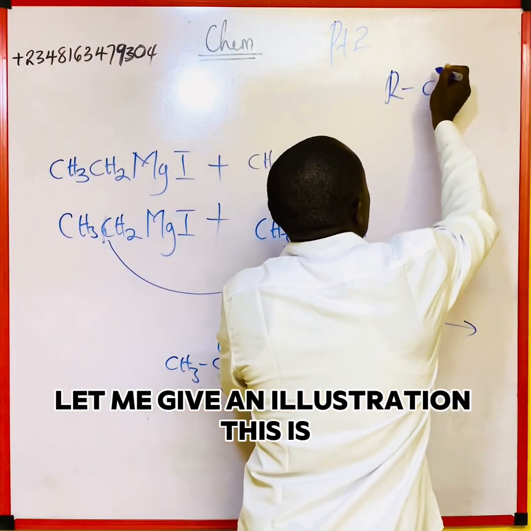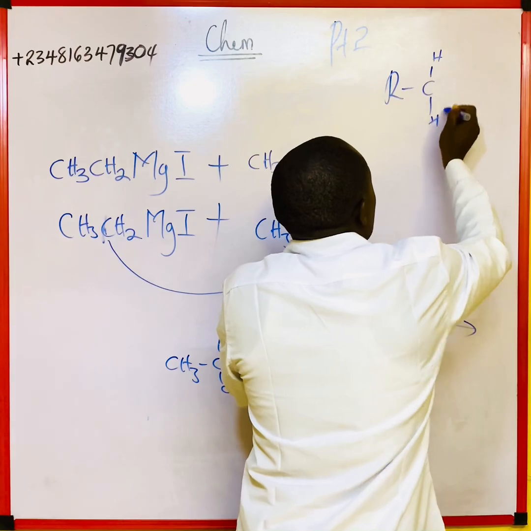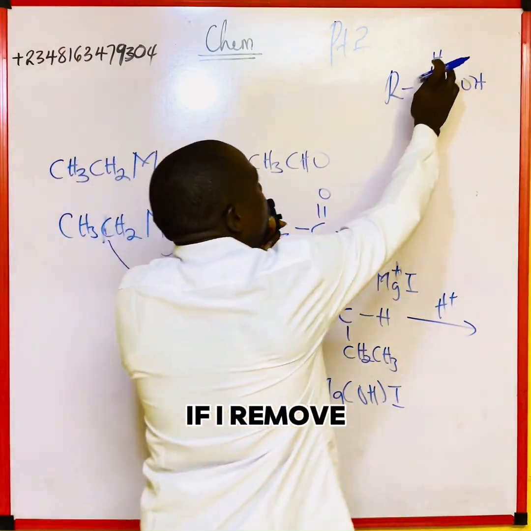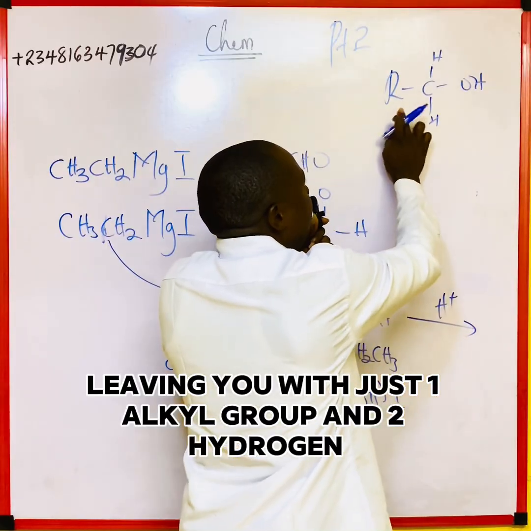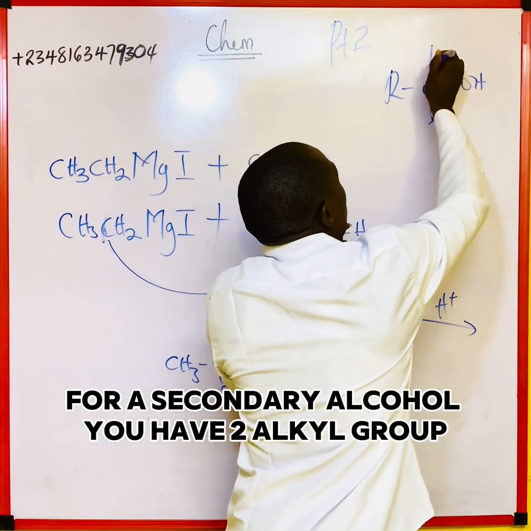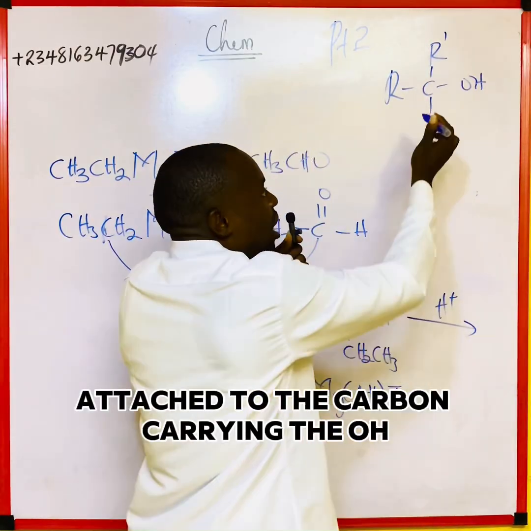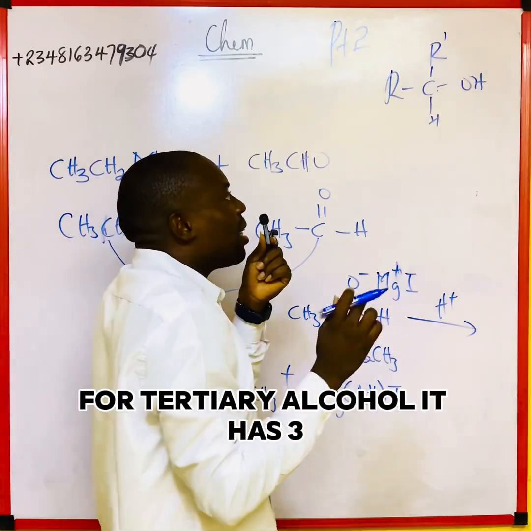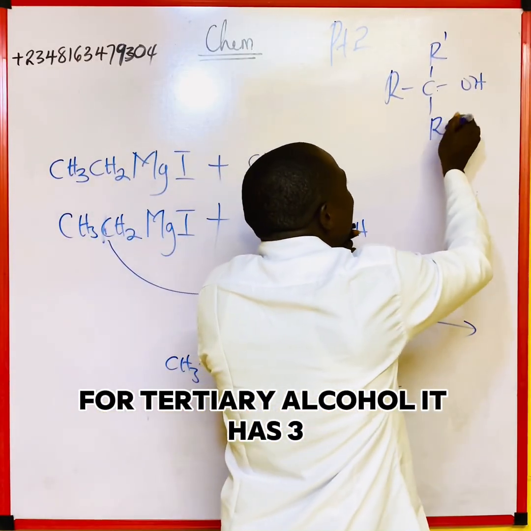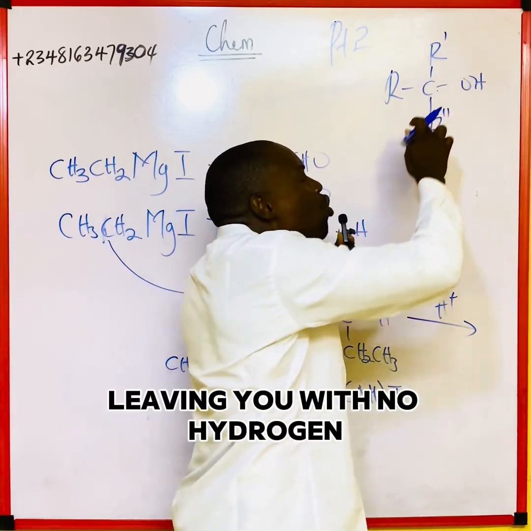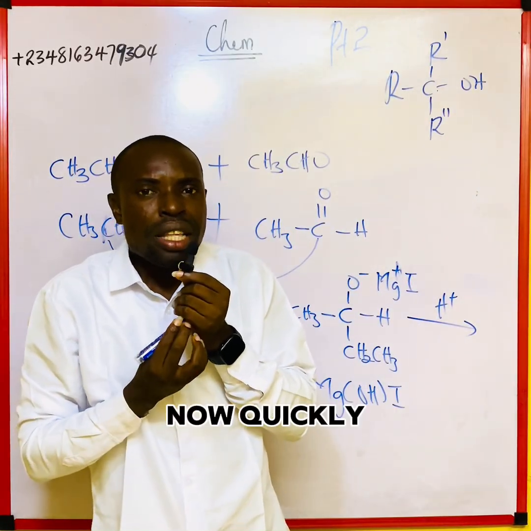This is a primary alcohol, leaving you with just one alkyl group and two hydrogens. For a secondary alcohol, you have two alkyl groups attached to the carbon carrying the OH, leaving you with one hydrogen. For a tertiary alcohol, it has three alkyl groups attached to the carbon carrying the OH, leaving you with no hydrogen.